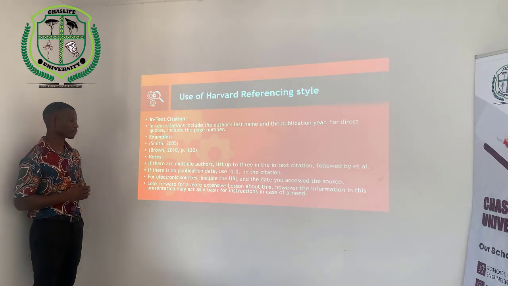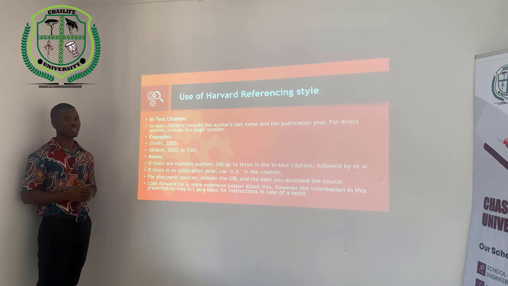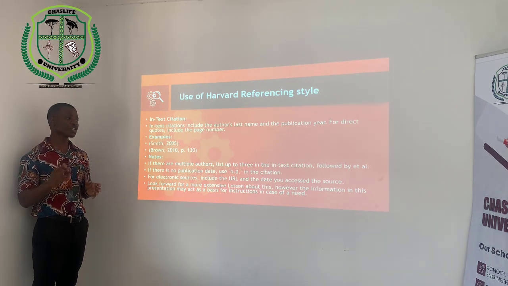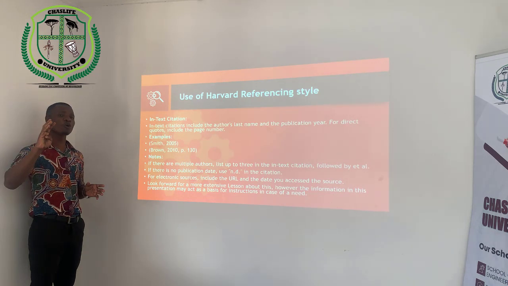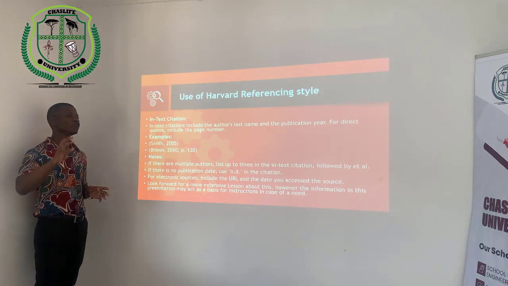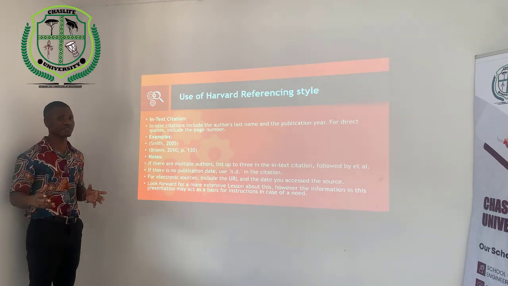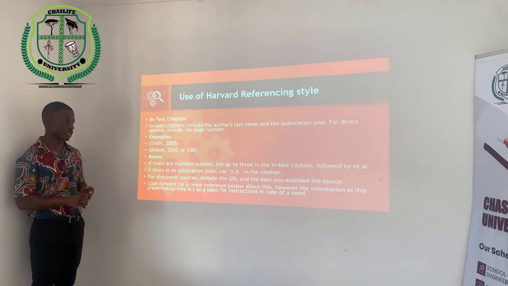Okay, take note. If there are multiple authors, list up to 3 in the in-text citation. So if there are 3 authors involved, you need to list up to 3 of them. If there are more than 3, you need to list up to author 1, 2, and 3.